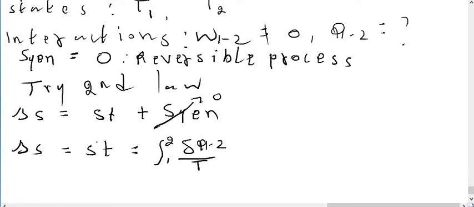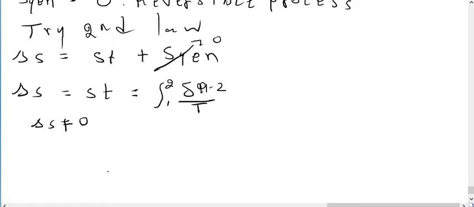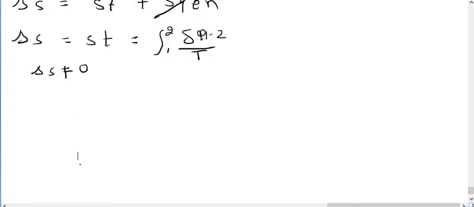The entropy transfer, as we see, is not equal to 0.